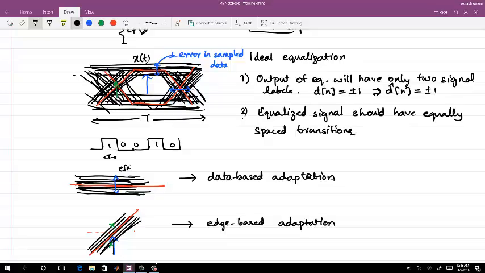So the error signal with respect to the desired, let's say this is the desired Y. Let me write this as the desired level, D level. If I want to measure the error signal, what shall I do? I know what the D level should be.